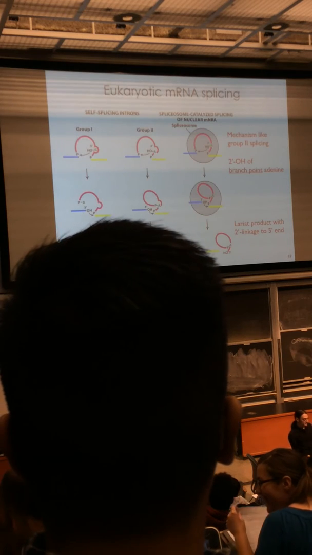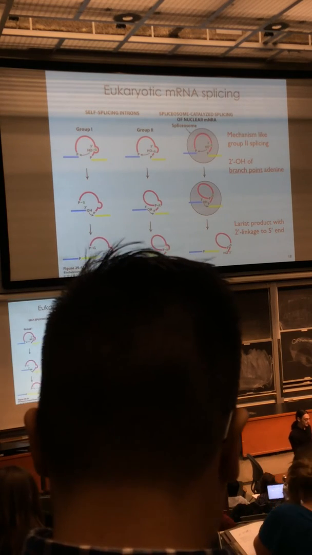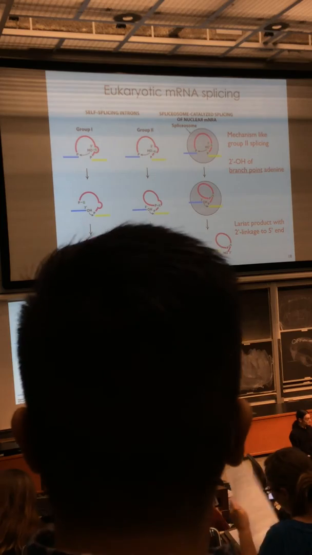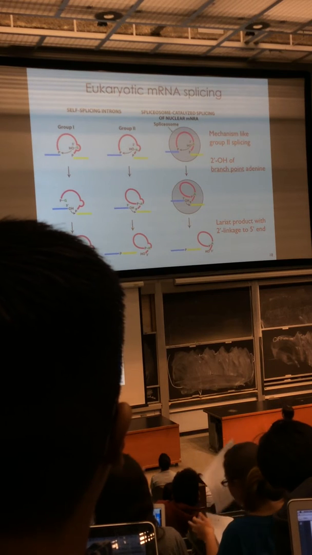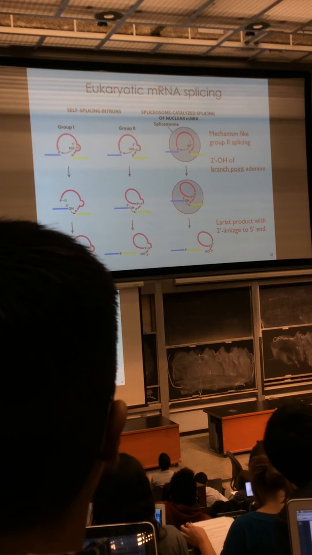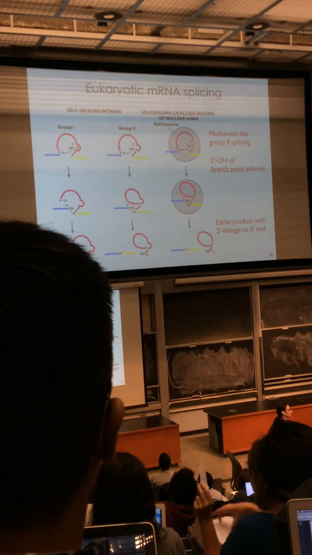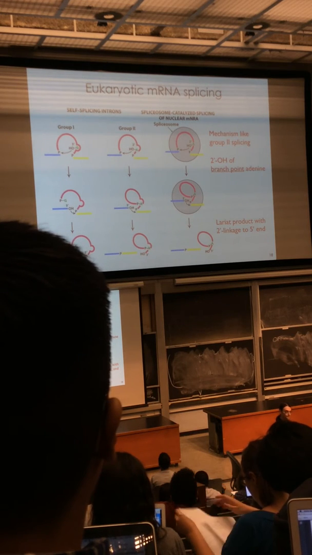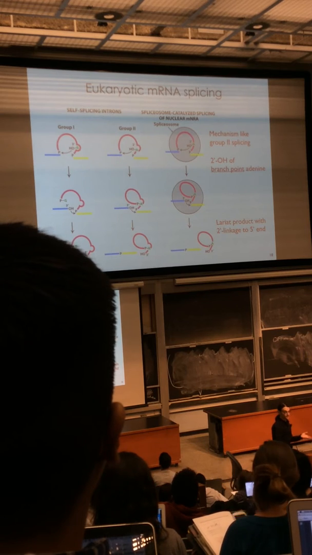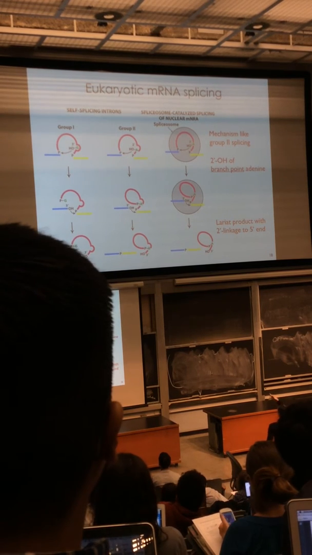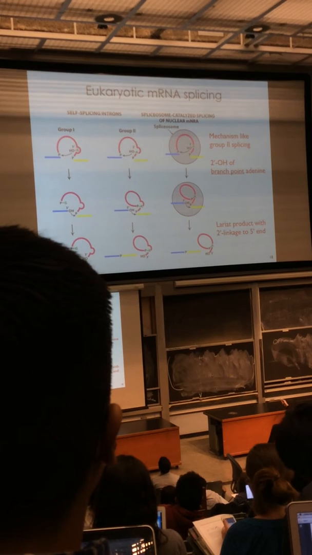So eukaryotic mRNA splicing is mechanistically exactly like group 2 self-splicing. So we have these two, group 1 and group 2. The main difference we see between these is that in group 2, the first step nucleophile is a 2' OH of a piece of the intron itself, as opposed to a prosthetic guanine nucleotide.